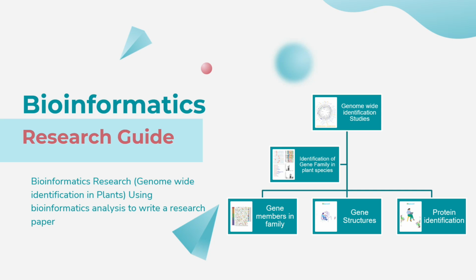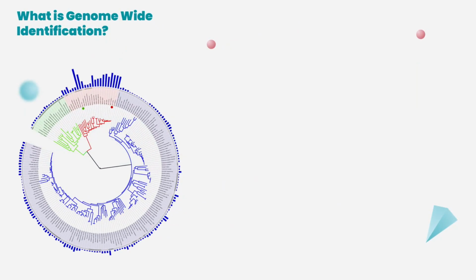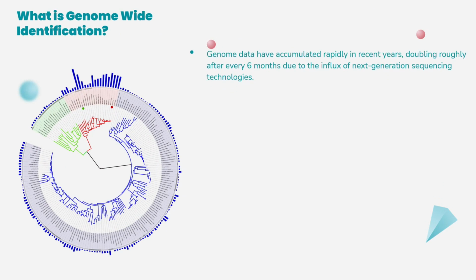Someone can ask what bioinformatics is basically doing in this research area. So, what is genome-wide identification and what is a genome-wide study basically in this area? Genome-wide data have accumulated rapidly in recent years, doubling roughly every month due to the influx of next generation technologies.